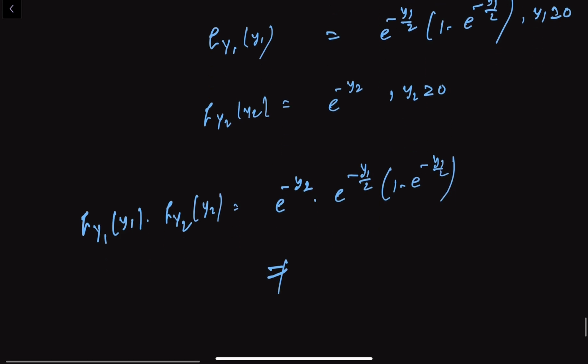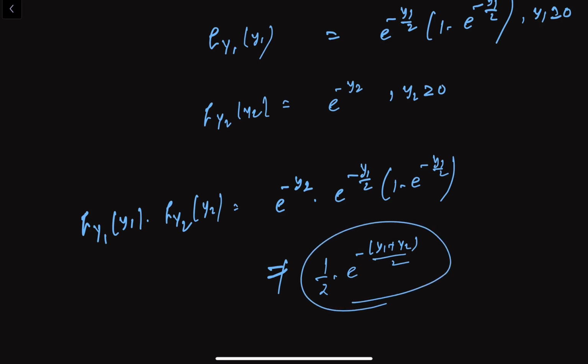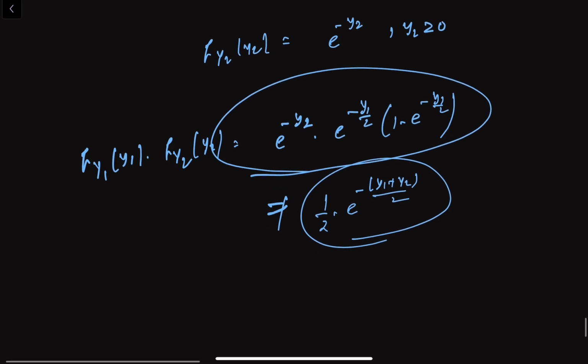So this is not equal to half times e to the power minus of y1 plus y2 by 2. So we can clearly see they are not equal. So therefore the joint does not factor as the product of these marginal distributions, and so they are not independent. So y1 and y2 are dependent, we can say, because they are not independent.